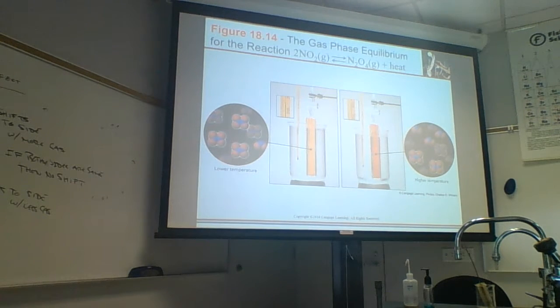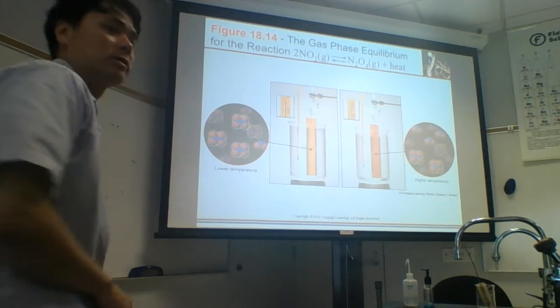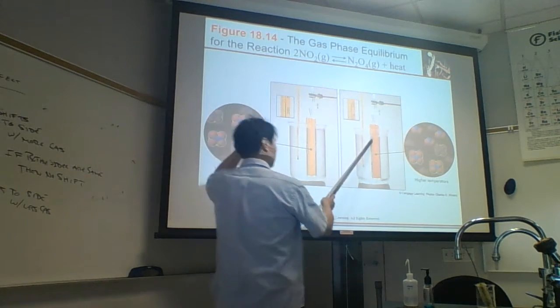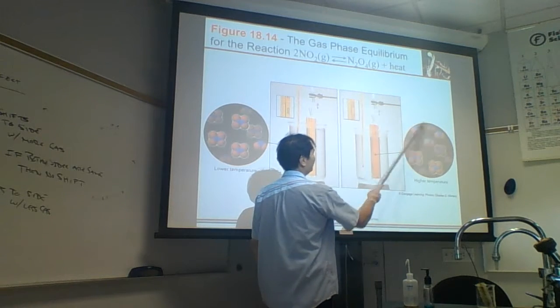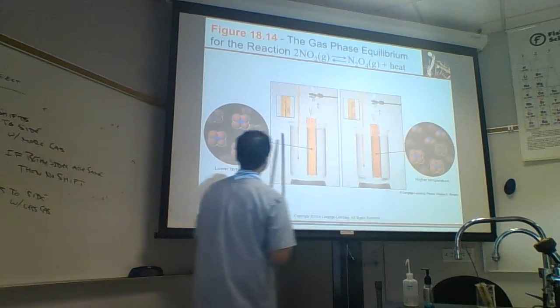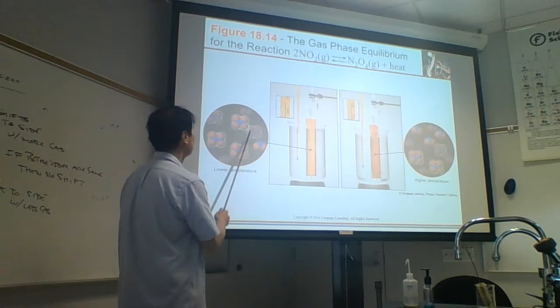To the left, so we're going to make more NO2. If we remove heat, we're going to shift it to the right. So this is what it's trying to show. We add heat, we're going to make more NO2. When we remove heat, we're going to make more N2O4.